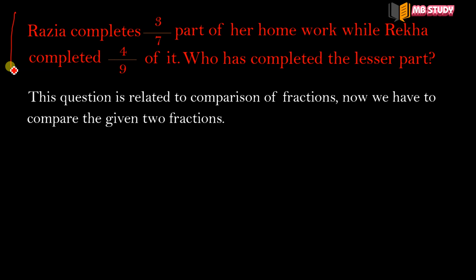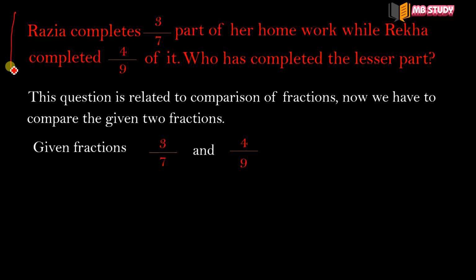This question is related to comparison of fractions. Now we have to compare the given two fractions, 3 by 7 and 4 by 9. These two fractions are unlike fractions.